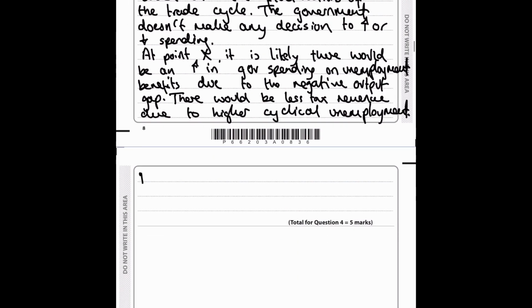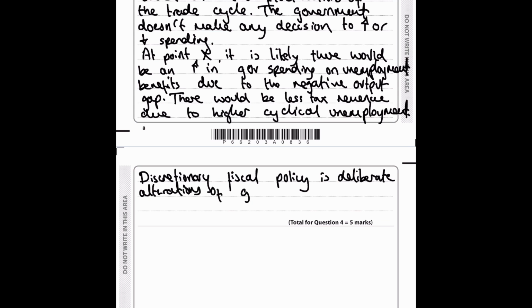Okay, so discretionary fiscal policy is deliberate alterations of government spending, tax, to achieve government objectives.